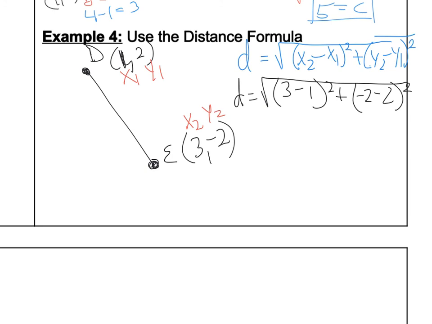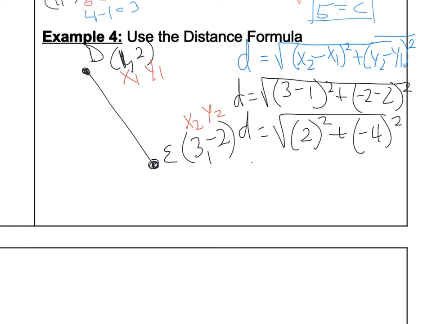squared. So d is now going to equal the radical. 3 minus 1 is 2, and that's going to be squared. -2 minus 2 is going to be -4 squared. So now we're still in the radical. 2 squared is 4, plus -4 squared is 16, which gives us that the distance will equal the radical of 4 plus 16, which is 20.